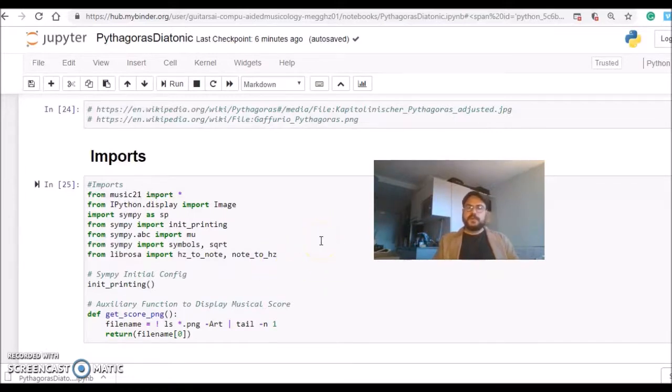I'm using librosa to handle audio and some auxiliary functions, like converting hertz to notes and notes to hertz. And this time I'm using sympy, just for you to have a feeling how to use symbolic mathematics and how to use Python for the very basics of equation manipulation.